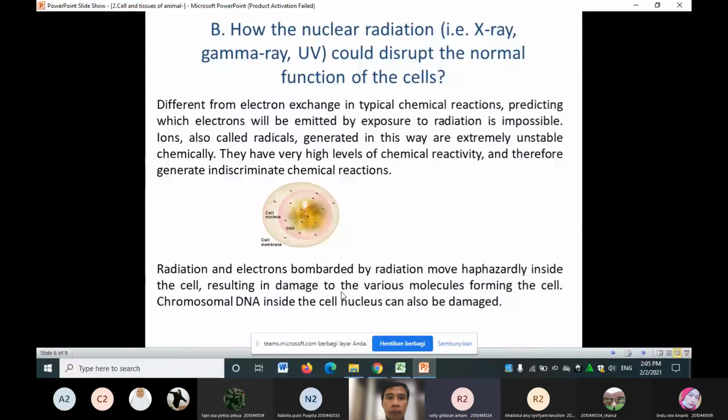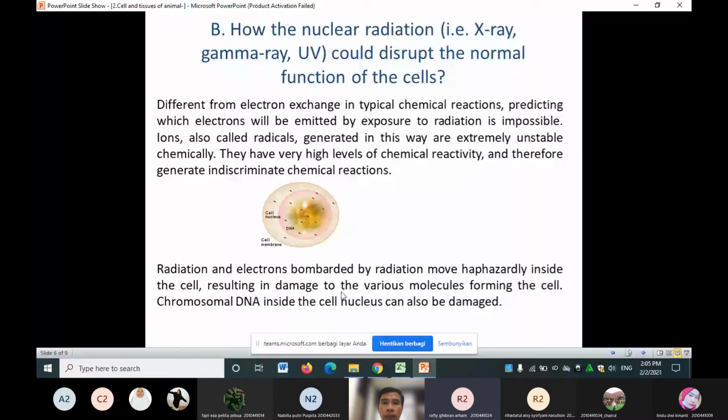Different from electron exchange in typical chemical reaction, predicting which electron will be emitted by exposure to radiation is impossible. Ions, also called radicals, generated in this way are extremely unstable chemically.